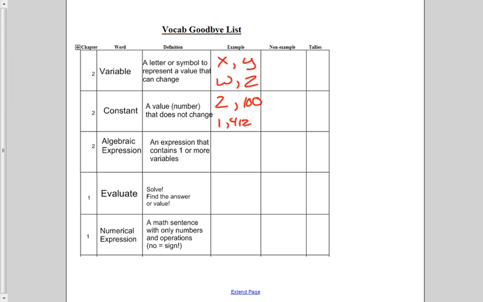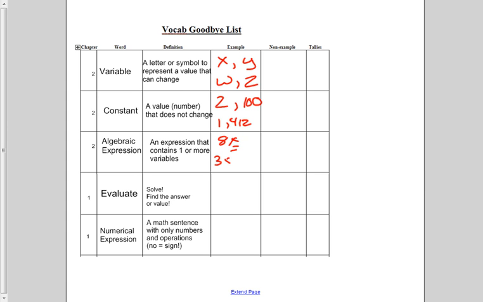An algebraic expression is an expression that contains one or more variables. So remember, an expression is different than an equation because it doesn't have an equal sign. So we're not going to have equals something, we're just going to write an expression. So that might be 8x. You can see we think of variables when we think of algebra. So because it has a variable, that would be an algebraic expression.